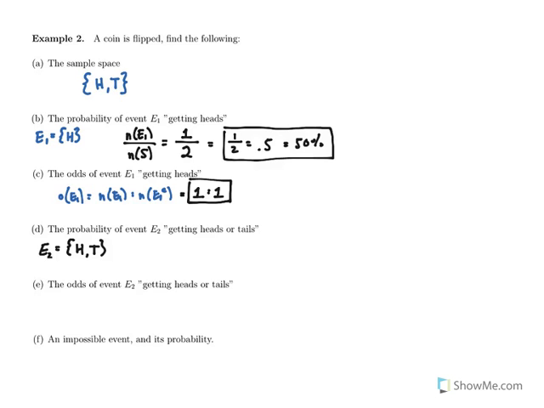So the probability of this, we're going to do this formula again, N of E2 over N of S. What we're really looking for is the total number of possibilities, which is 2. If you can either get a heads or a tails, then we have 2 possibilities over 2. So this is equal to 1 or 100%. Same thing. That is a certain event.